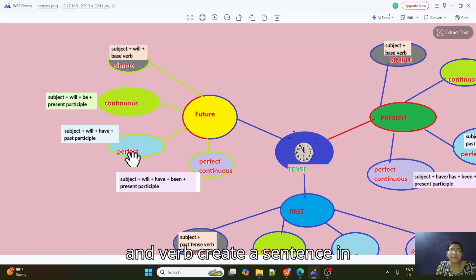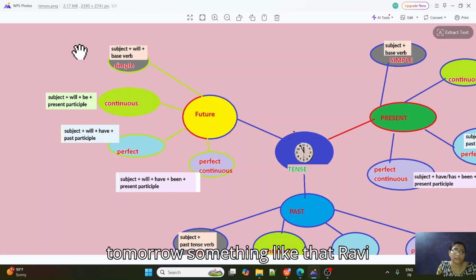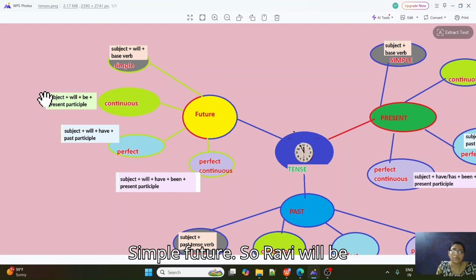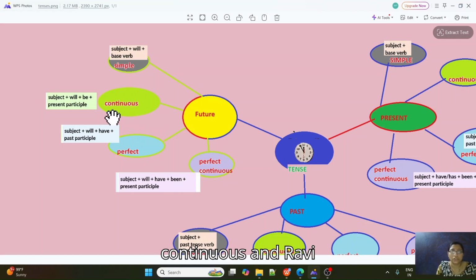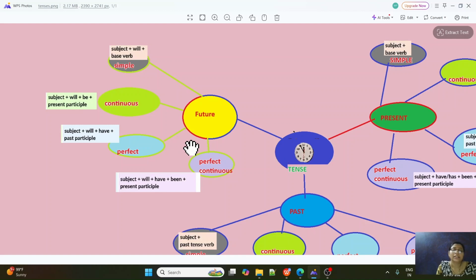Using the subject and verb, create a sentence in the future tense. Like Ravi will sleep tomorrow. Ravi will sleep. That will become simple future. Ravi will be sleeping, it will become future continuous. And Ravi will have slept. That will become future perfect.